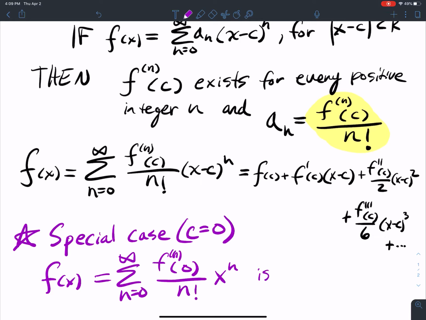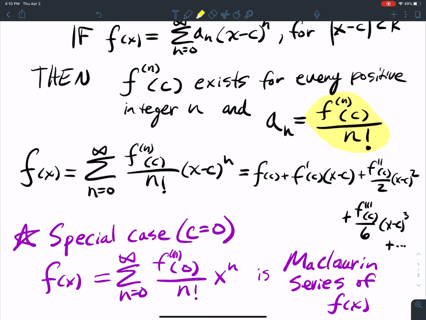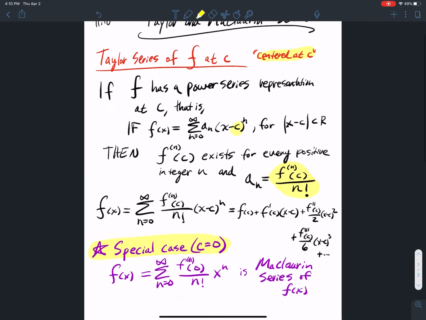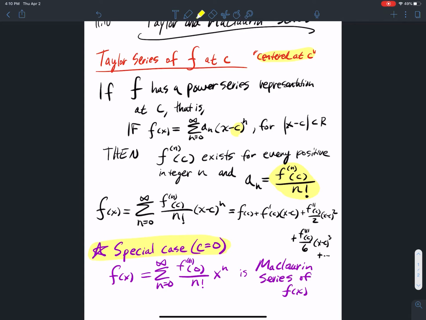This is the Maclaurin series of f of x. Maclaurin series is a special case of the Taylor series. Taylor series is the most general case, right? Maclaurin series is whenever c here is equal to 0. It's a power series in 0. Okay?